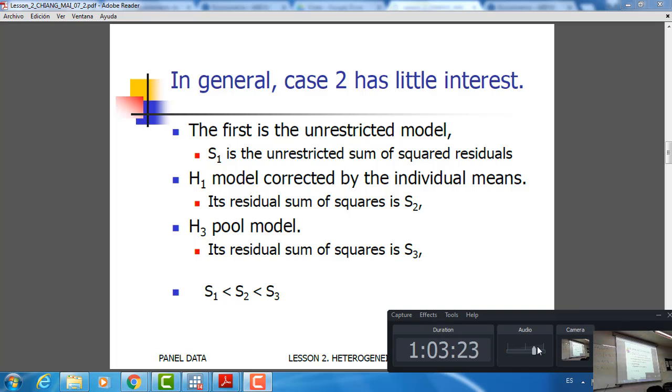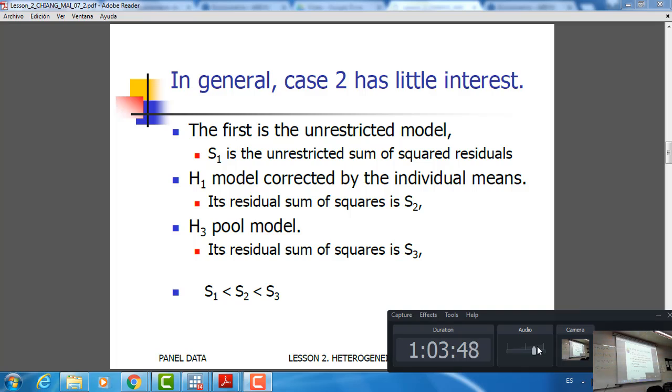So this is the way of defining nested models: a model is nested in another model when there exists a set of restrictions that convert the general model into a specific model.